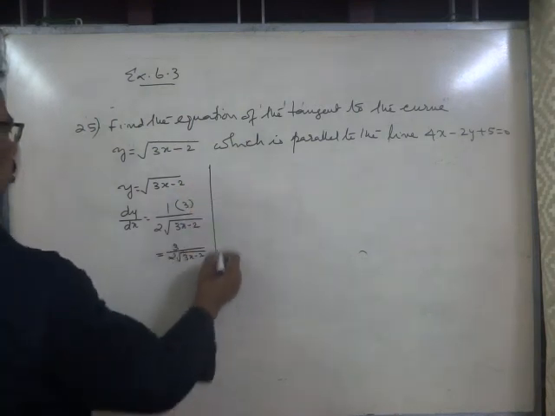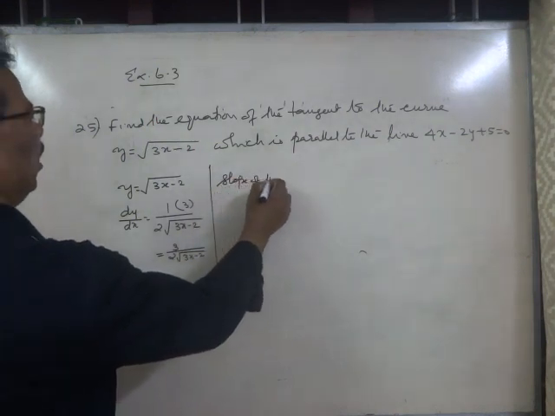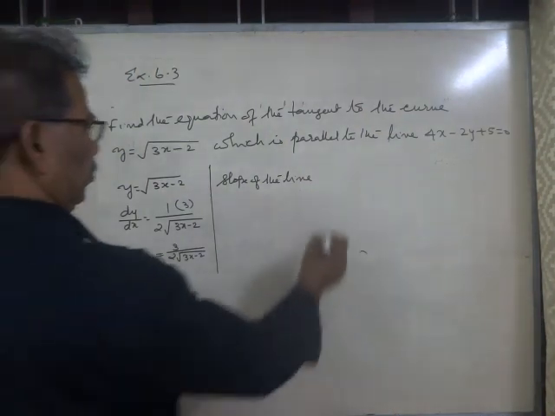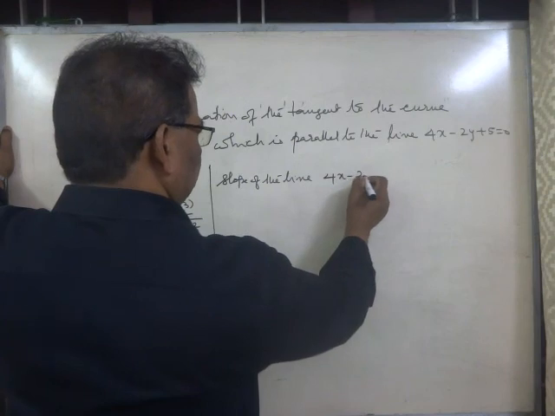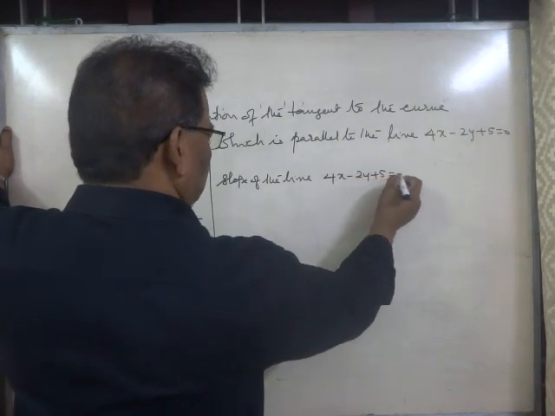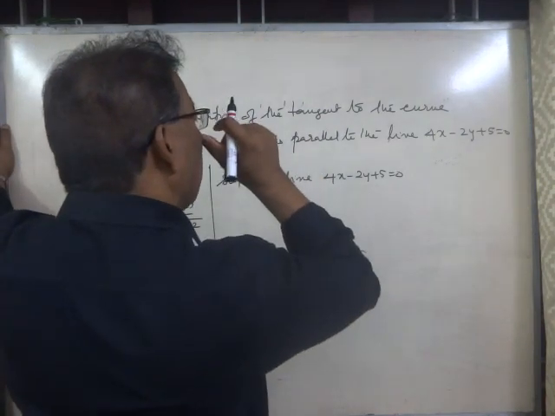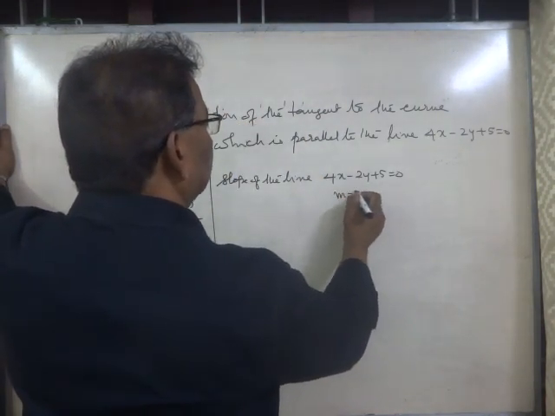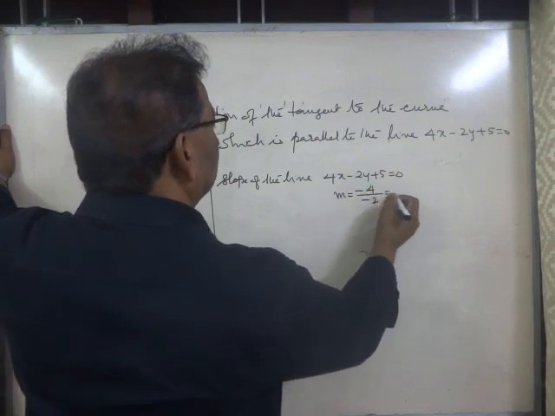Now, slope of the line 4x minus 2y plus 5 equals 0. Minus a by b. m is equal to minus 4 by minus 2. That's equal to 2.